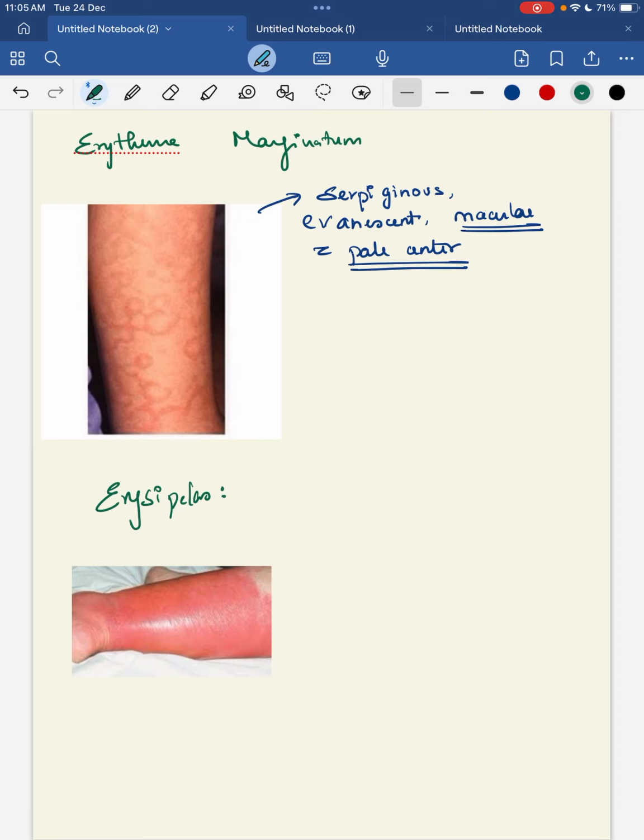So it is an infection of deeper layer of skin. So the lesion is a well demarcated, bright red and a painful lesion.